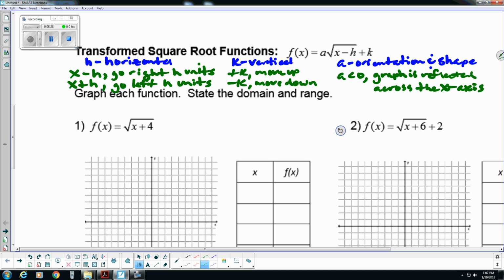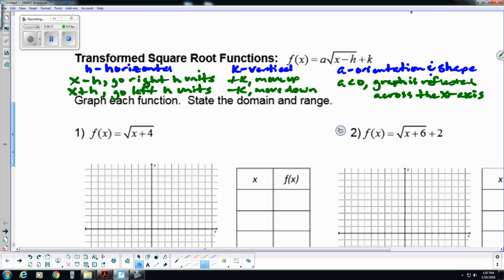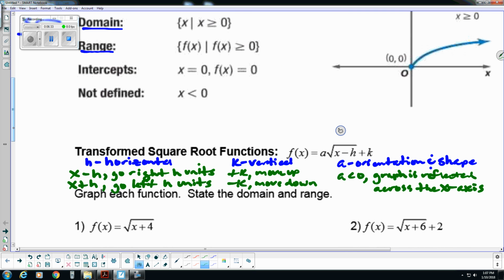What that means in terms of what the picture is going to look like is that it's going to curve differently. What you see here in this graph is when a is greater than 0. When a is less than 0, it's going to curve like this. So your curve will look like that when a is less than 0. That's one of the things that a will do.